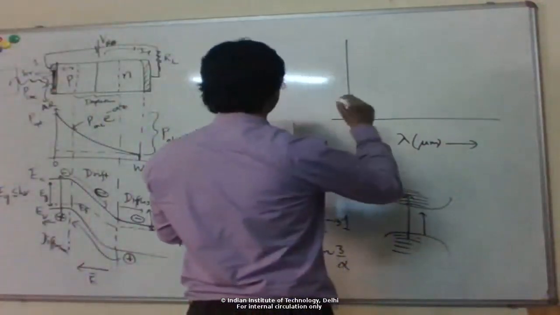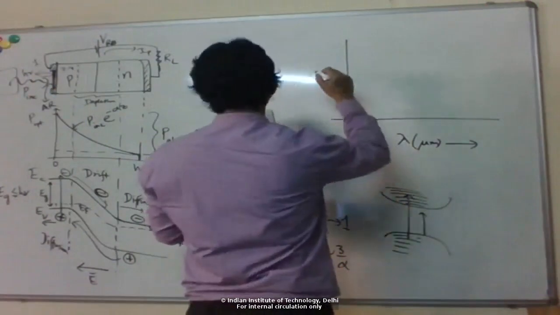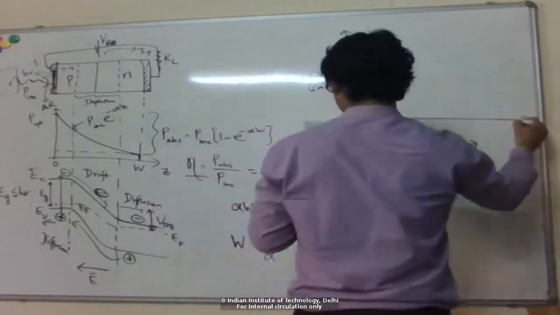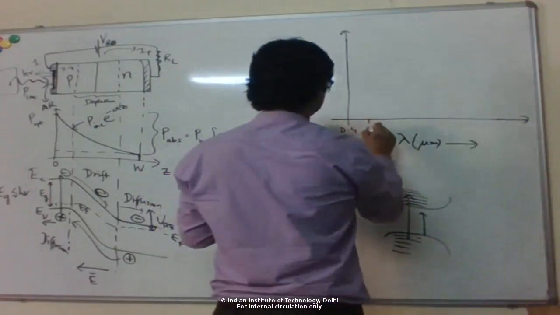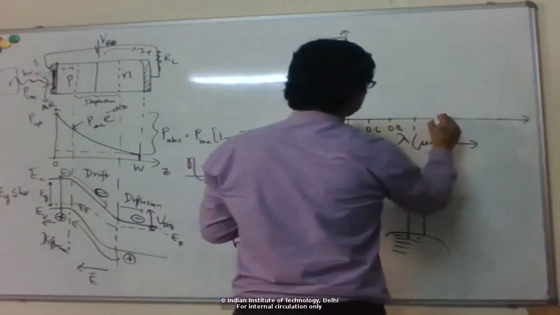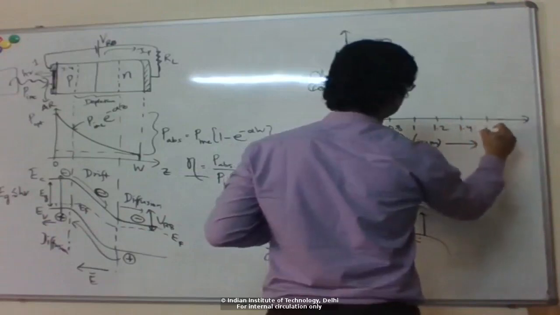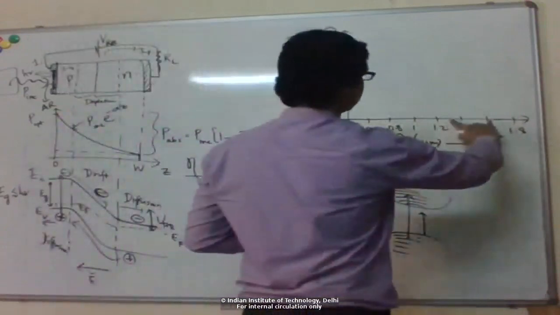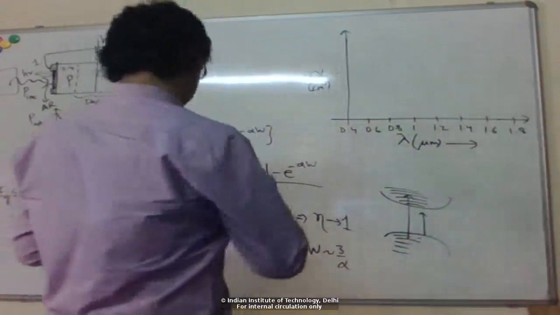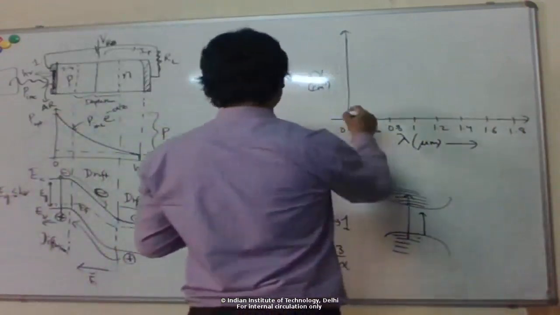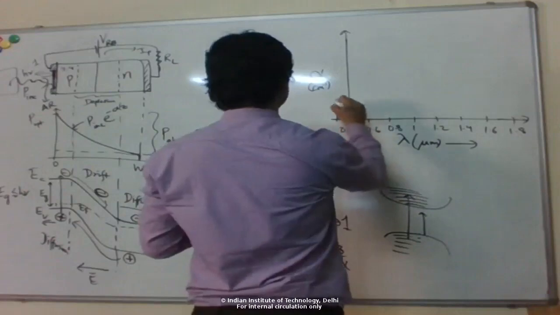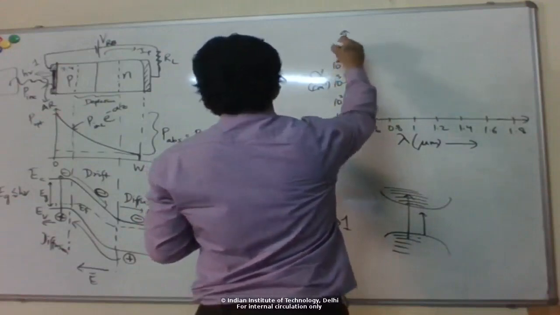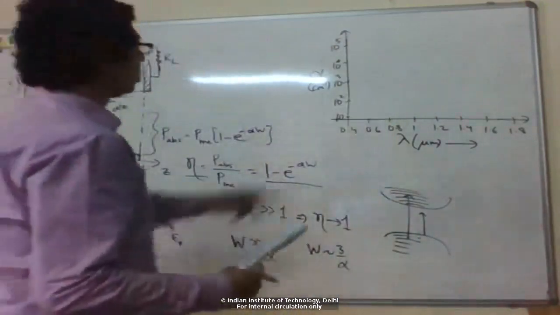So as a function of wavelength, if you look at this absorption coefficient in per centimeter, for example, our telecom range is somewhere here. The y-axis is in log scale.